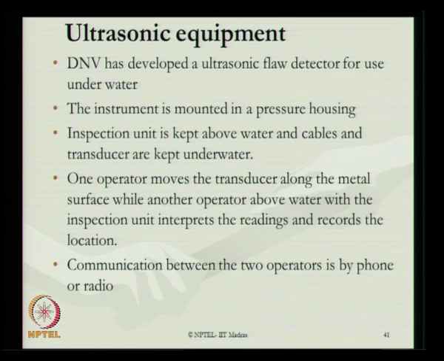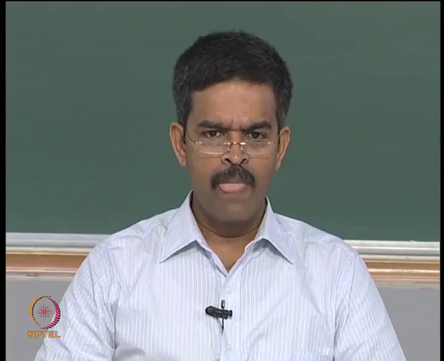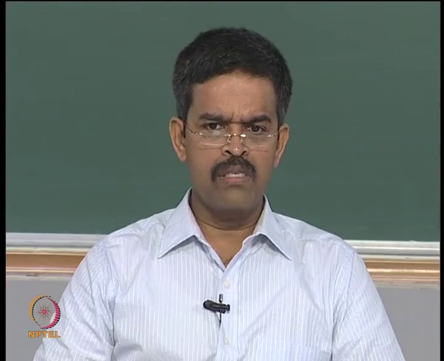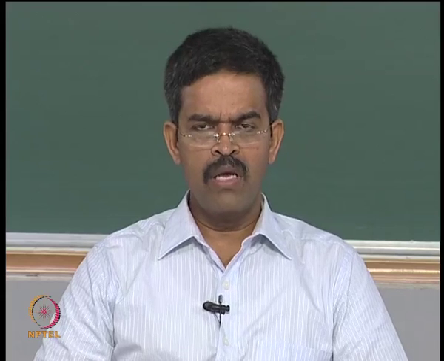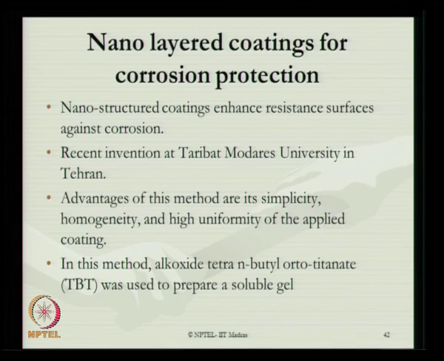So, there are two transducers. One transducer is with the diver and is moved along the surface of the member, and the corresponding transducer is held by another person above water. Based upon the difference of the signals generated by these two transducers, flaws are detected on the surface of the member. The communication between the two operators is either by phone or by radio.